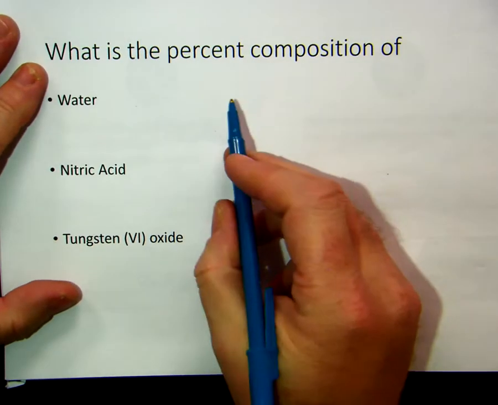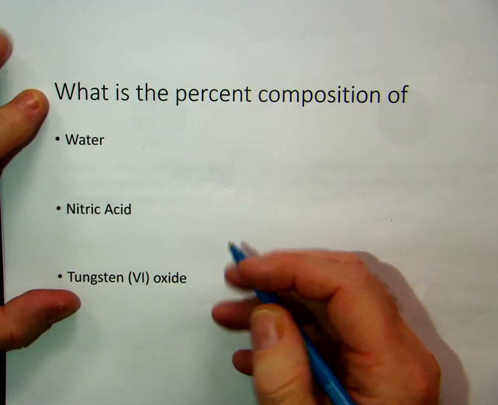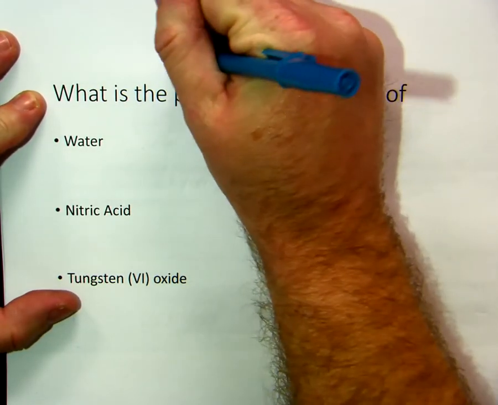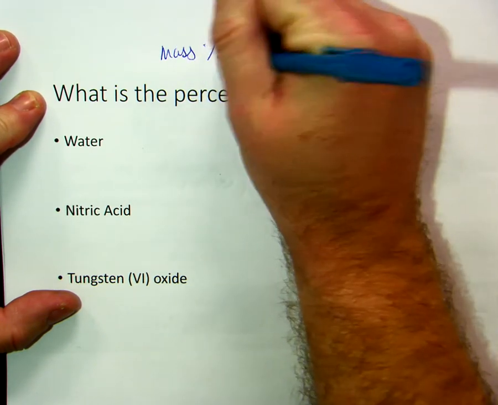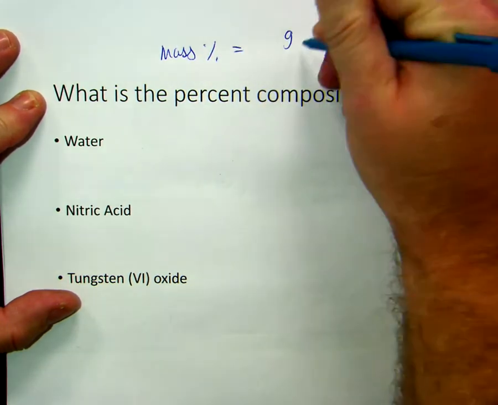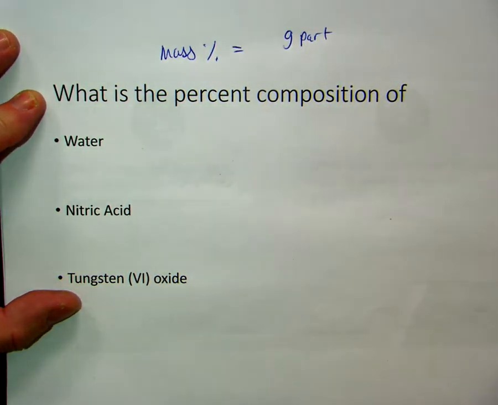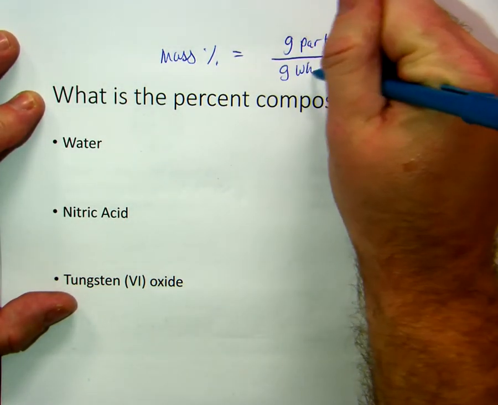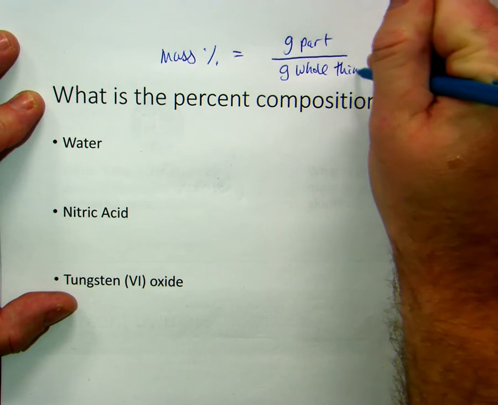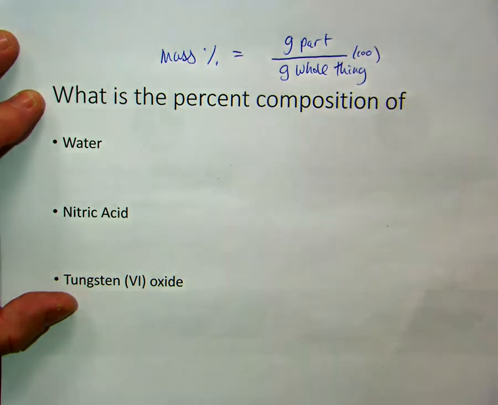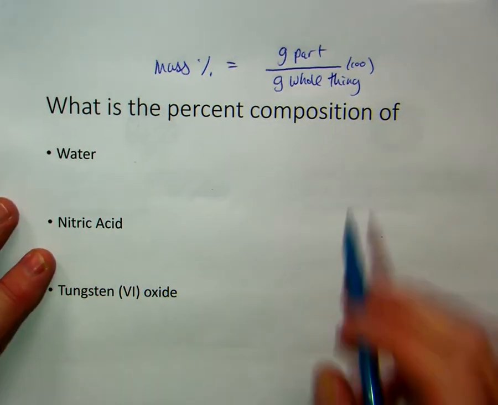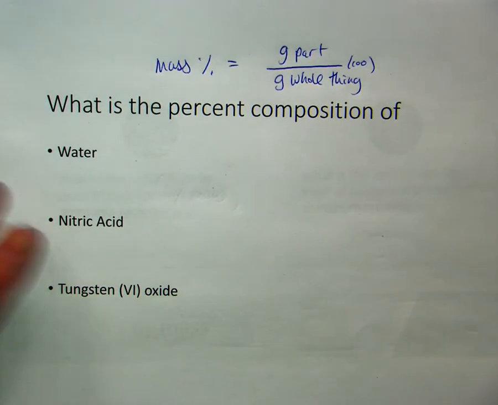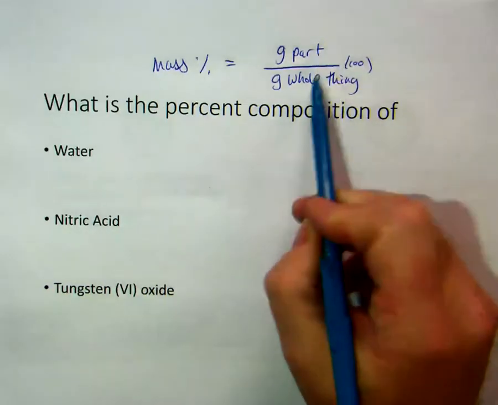And the idea is when you have a mass percent equals grams of the part you're looking at divided by the grams of the whole thing, and then times 100 to make it a percent. So we're looking at a small portion relative to the whole thing.